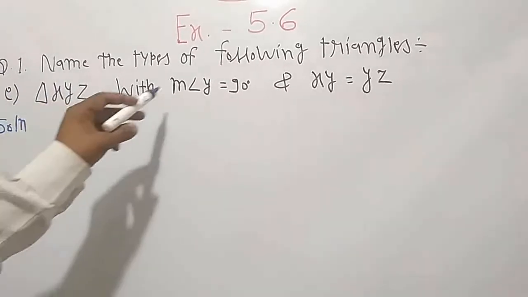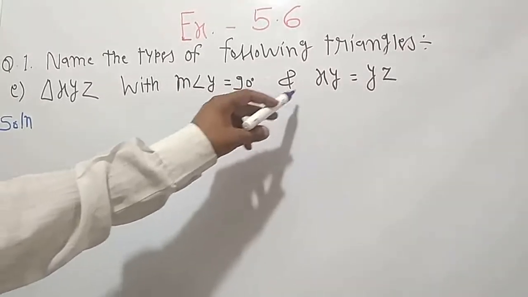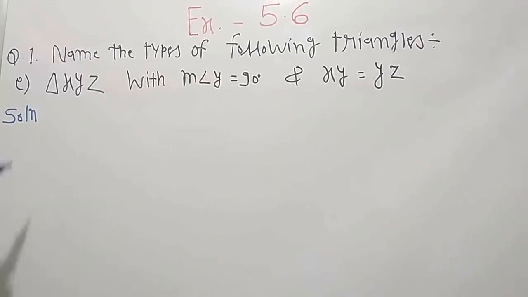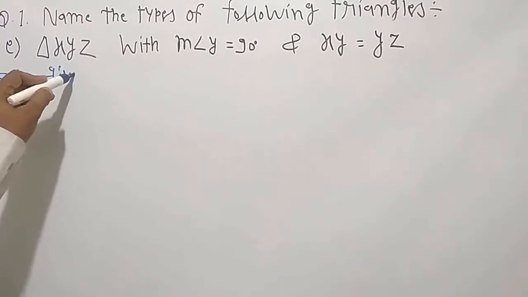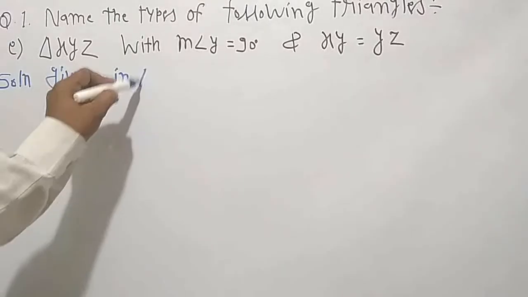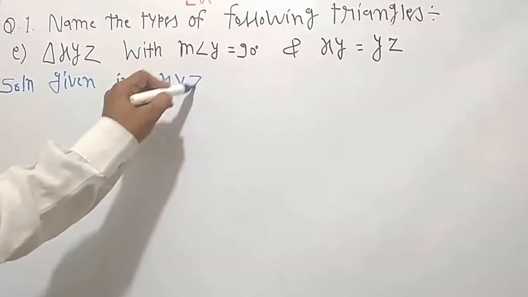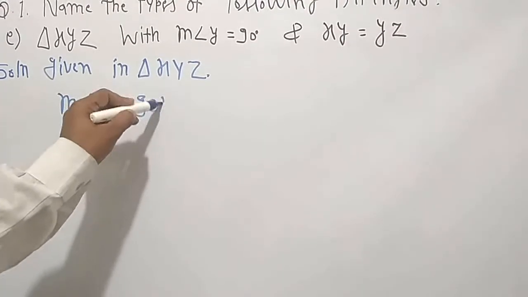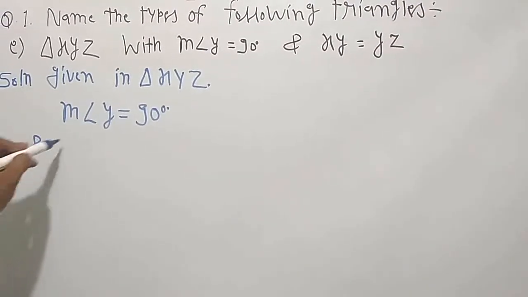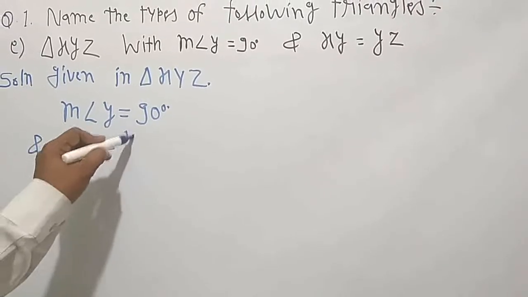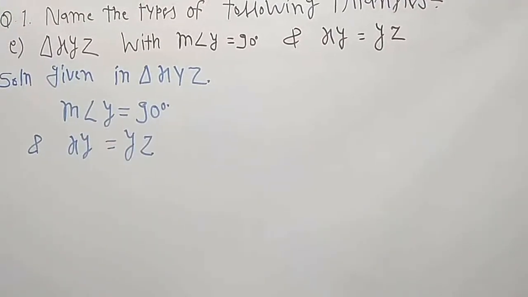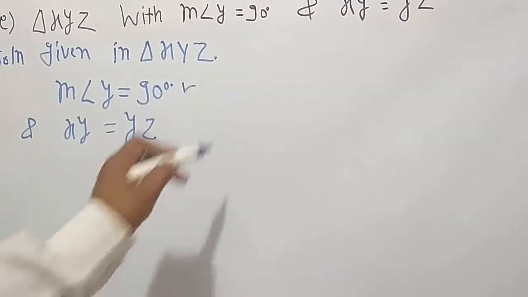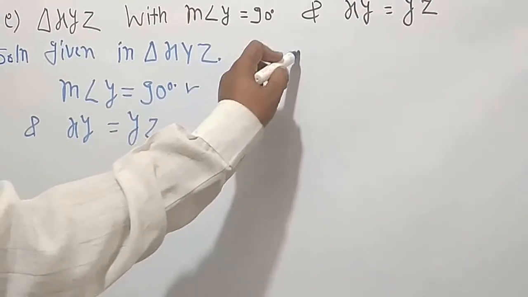Triangle XYZ with measurement of angle Y equal to 90 degree and XY equal to YZ. Name the types of the triangle. So first we write given in triangle XYZ, measurement of angle Y equal to 90 degree and XY equal to YZ. First we are trying to draw the figure for this. It is 90 degree, so one angle is a right angle.